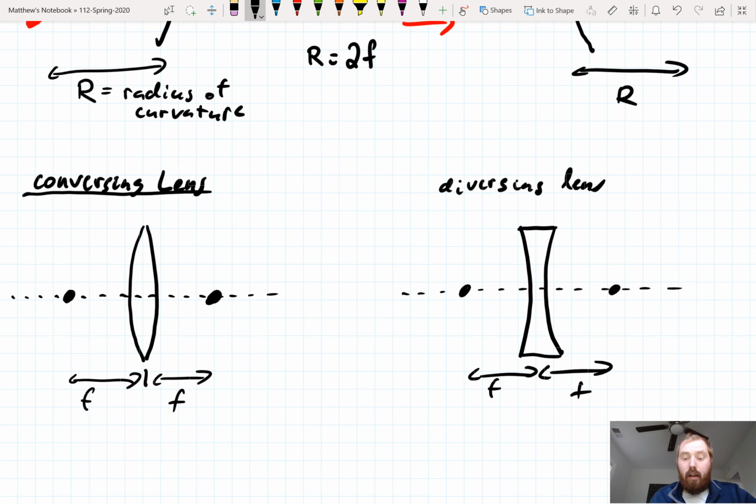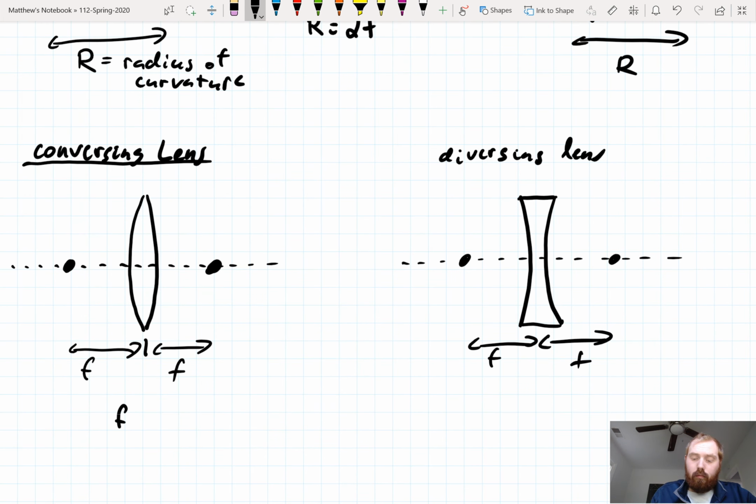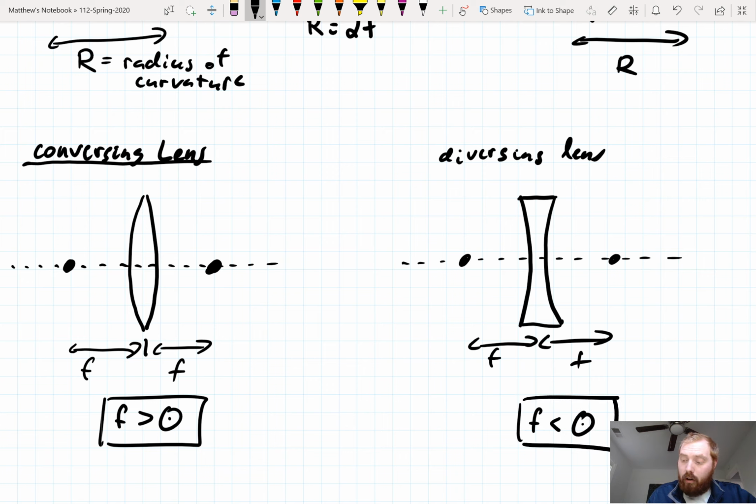Things to emphasize here: for the converging lens, that focal length is a positive number. Must be a positive number. We'll get into details why in a little bit. For the diverging lens, that focal length is a negative number.